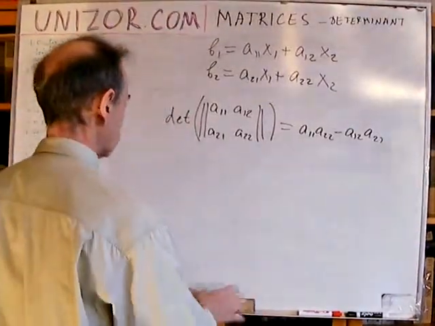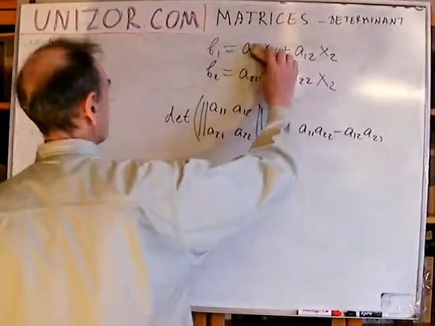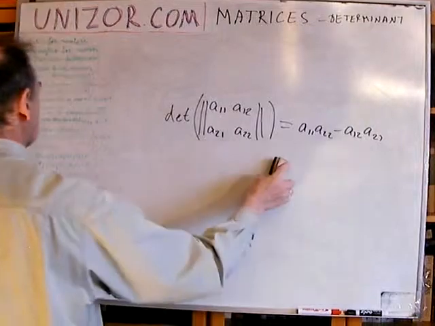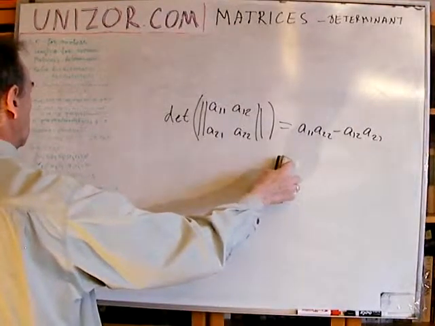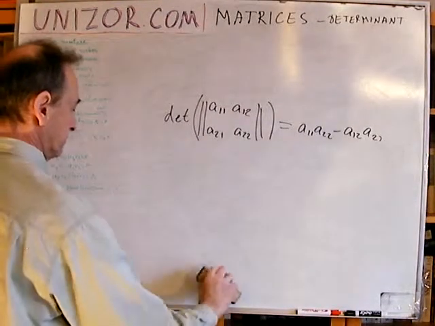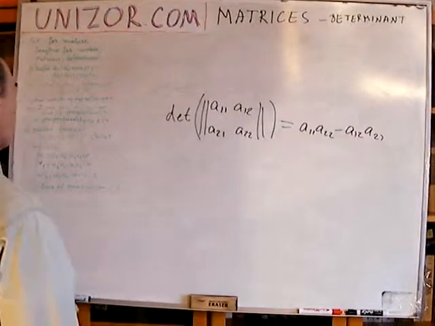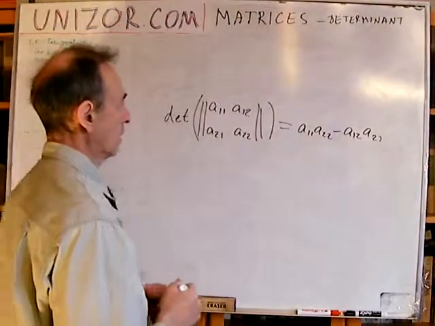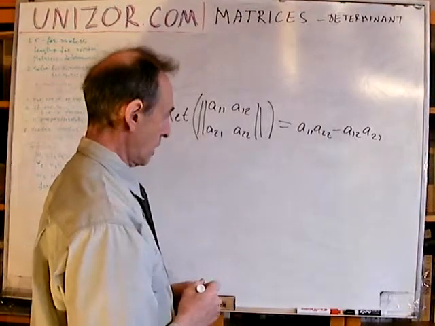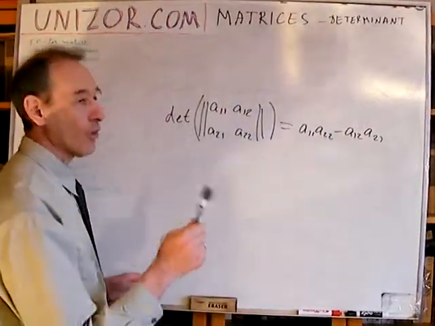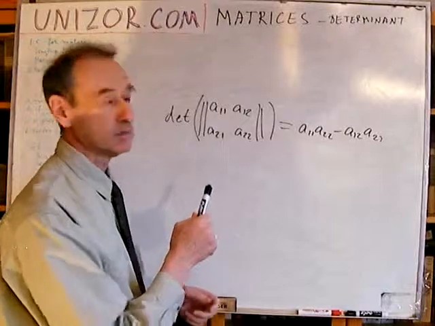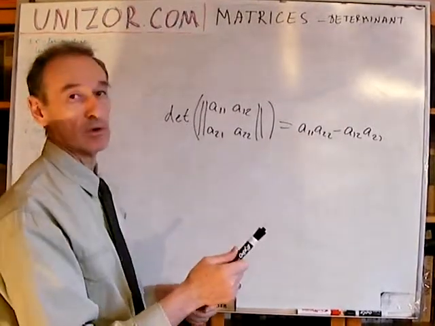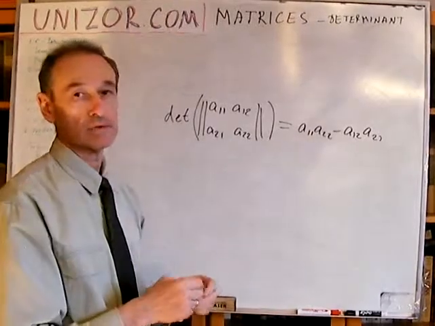That's very important. So let's forget about this. So this is a definition. And now we are talking about properties. Okay. The property number 1: if there is at least one row or one column in this matrix which is equal to 0, then the determinant is equal to 0.